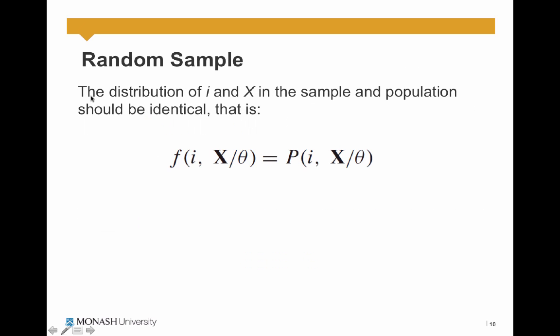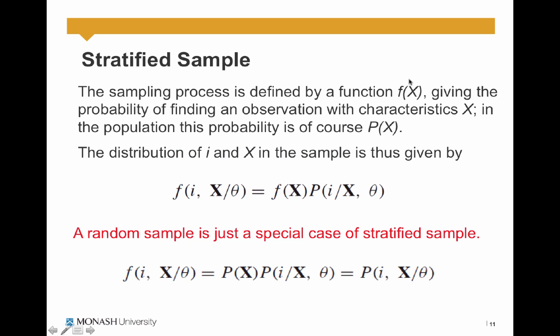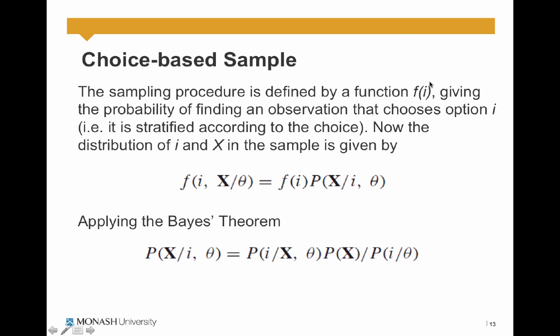So instead of fx in a stratified sample, we replace this with fi, which is the sampling procedure in this case. Therefore, we can express the formulation of a choice-based sample as the joint distribution of I and x in the sample is equal to the function fi, which is the sampling procedure based on the choice of alternative I, multiplied by probability of x conditional on I and theta.